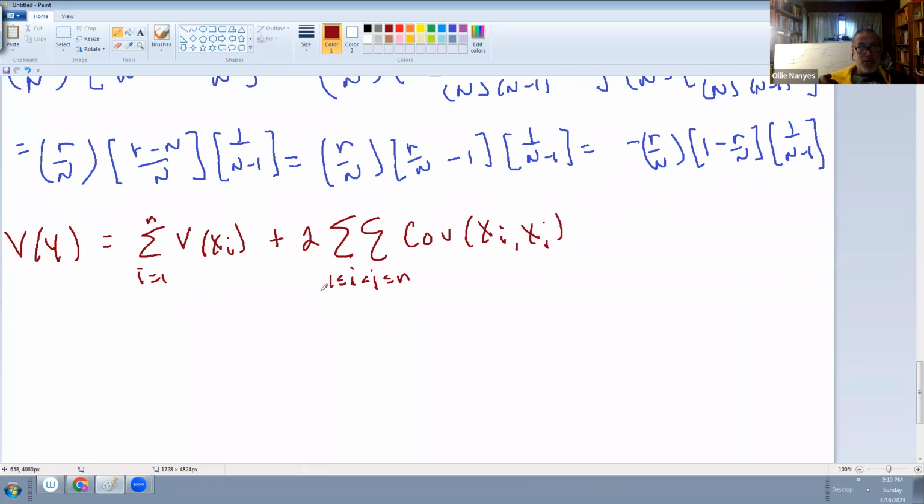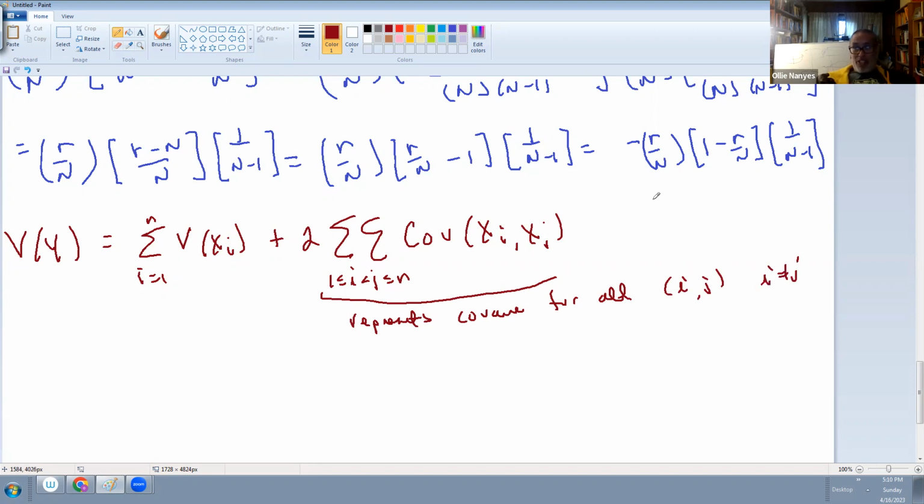Now, keep in mind what this represents. With the 2, this represents the covariance for all ordered pairs ij, where i is not equal to j, basically. And they're all going to be the same. They're all going to be this particular number there. So how many are there?